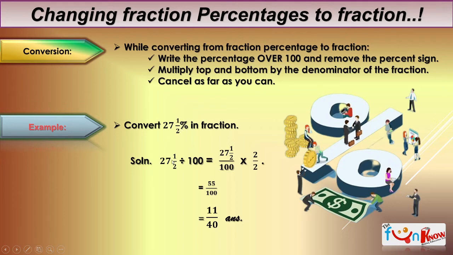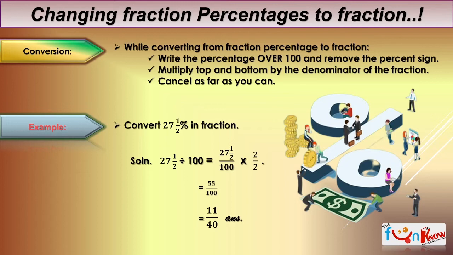So what you will do, the first rule: 27 1 by 2, you will put the fraction percentage as it is and divide it by 100. So 27 1 by 2 divided by 100. You just write it as it is. Then our next point is you have to multiply the denominator with top and bottom.